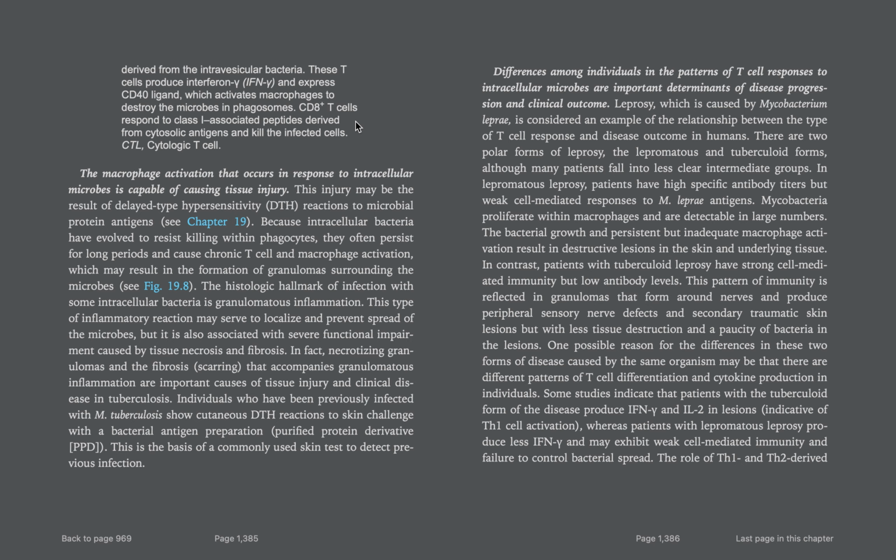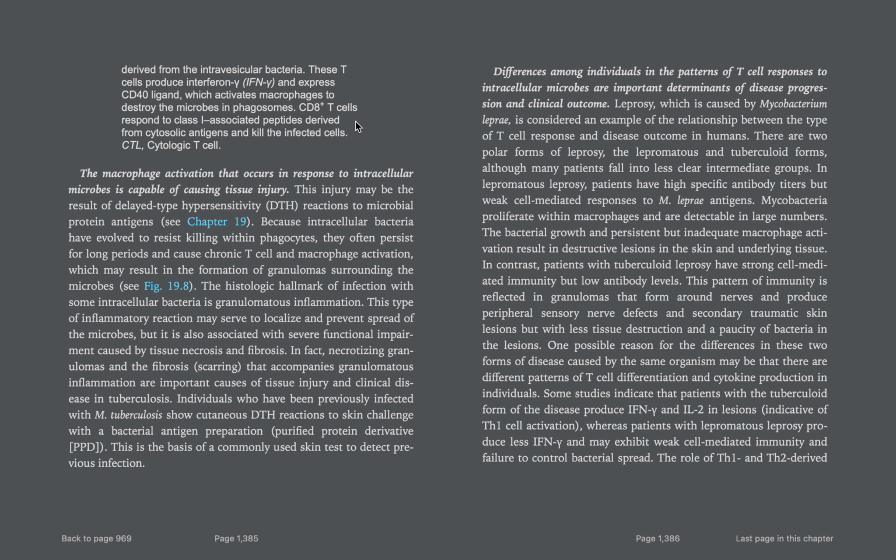Leprosy, which is caused by Mycobacterium leprae, is considered an example of the relationship between the type of T cell response and disease outcome in humans. There are two polar forms of leprosy, the lepromatous and tuberculoid forms.